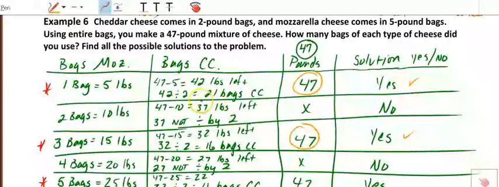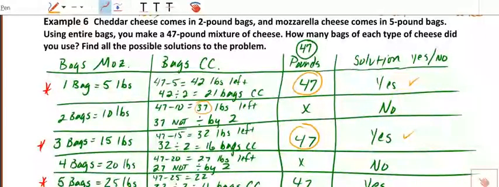Well, the problem is 37 is not divisible by 2, and I have to use whole bags. So I couldn't make this mixture using 2 bags of mozzarella. With an odd number, since it's not divisible by 2, that would be no solution.